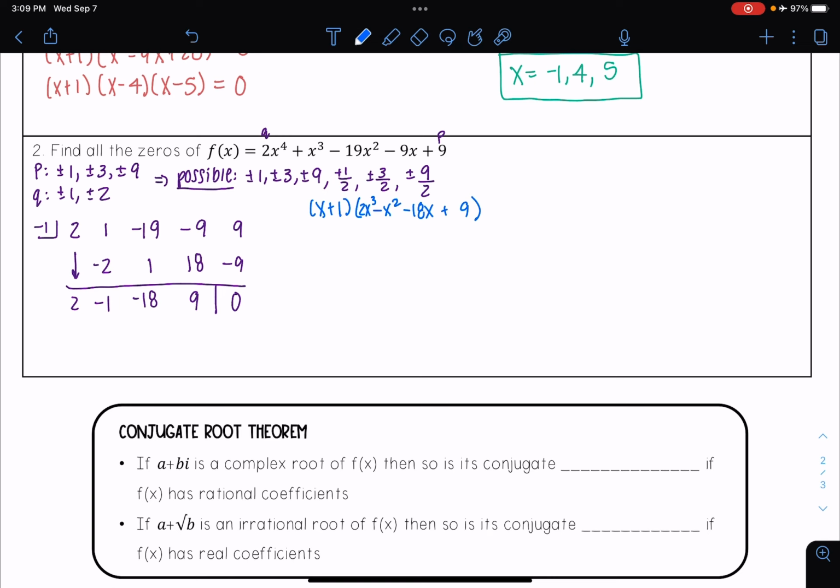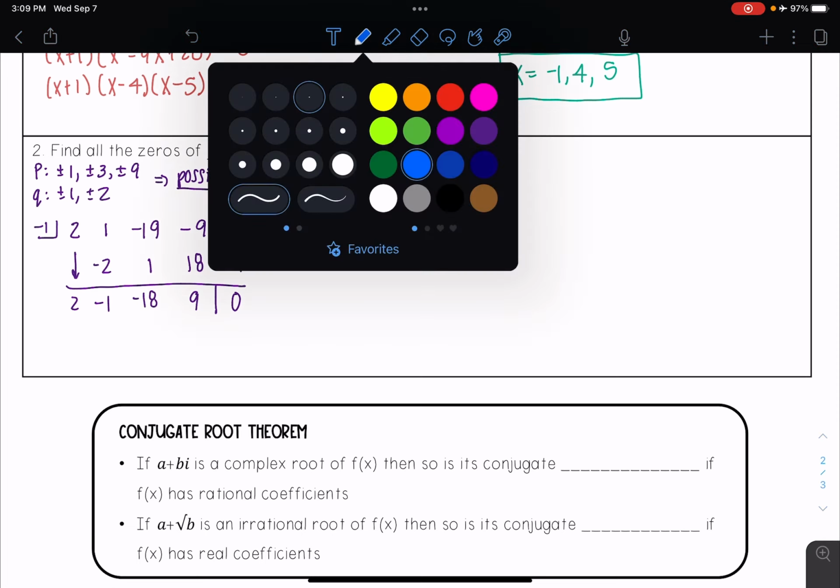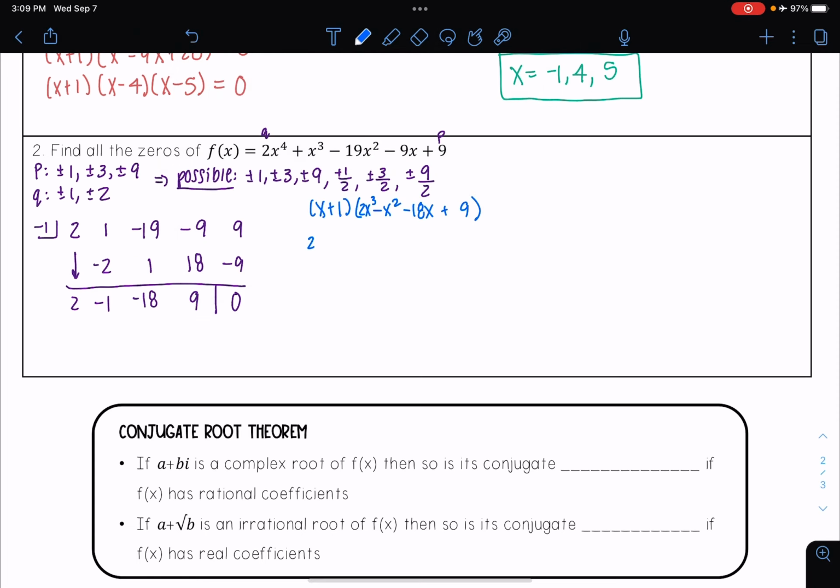Here my p and q are the same, so my possible roots are still the same. I've already done 1 and negative 1, so now I'm going to start at 2. And now my coefficients are from this 2x cubed minus x squared minus 18x plus 9. So that's 2, negative 1, negative 18, and 9.